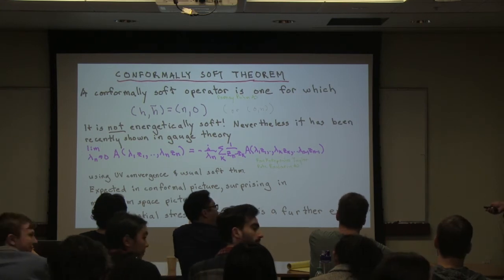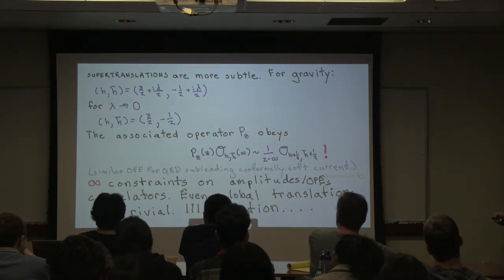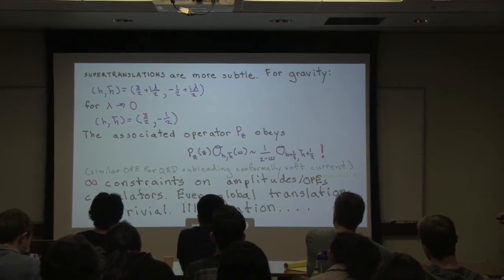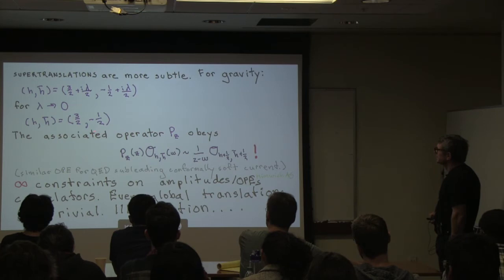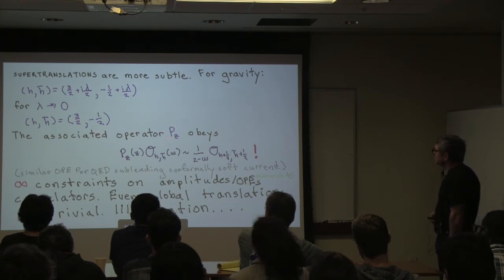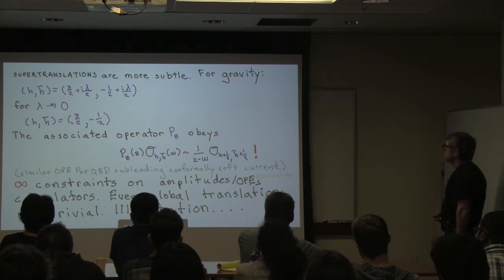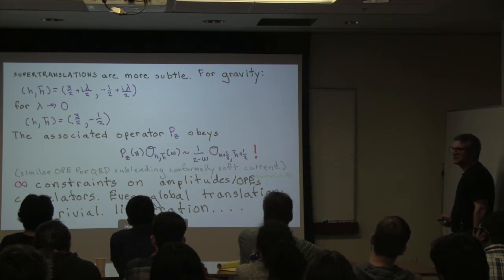Okay. All right. So there's an operator, a graviton field operator of dimension 3/2 minus a half. And you can construct from that an operator P_z called the supertranslation operator. And the leading soft graviton theorem implies this unusual looking relationship.